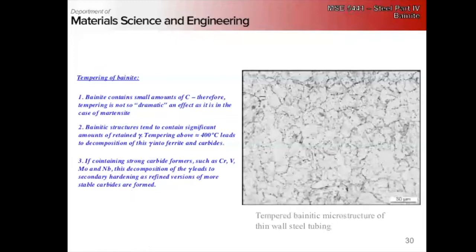We form these intermetallic carbides, right? And these are much more stable, so we get an additional hardening, secondary hardening that comes from tempering the bainite.